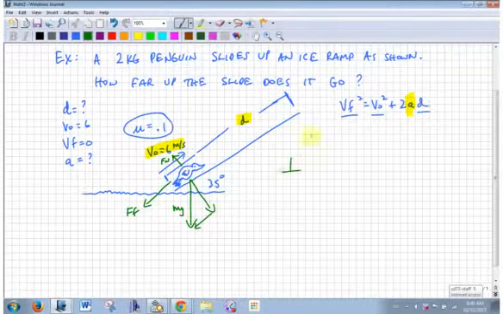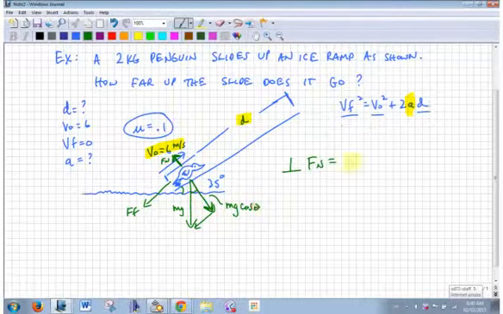So perpendicular, I know Fn is equal to this component here, which component's that? That's some angle, 35, it's also there. That is not opposite, that is cosine. Okay, that's all that's going on perpendicular to my ice slide.